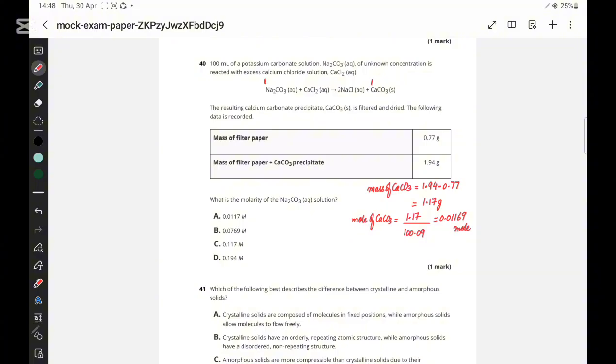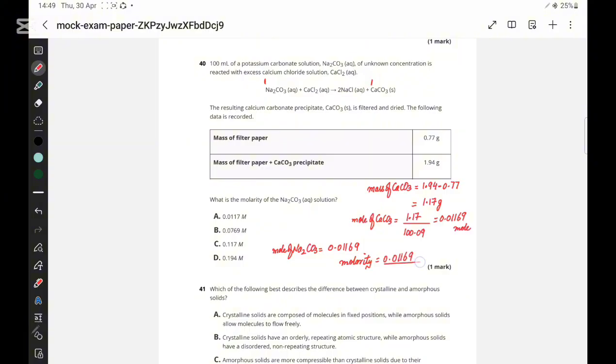So the mole of calcium carbonate would be equal to the mole of sodium carbonate. That comes out to be 0.01169 as well.